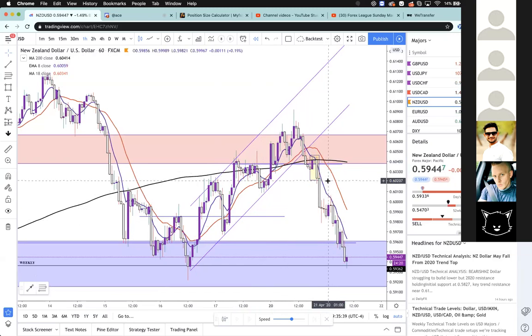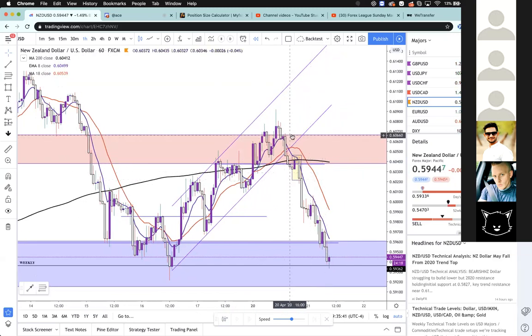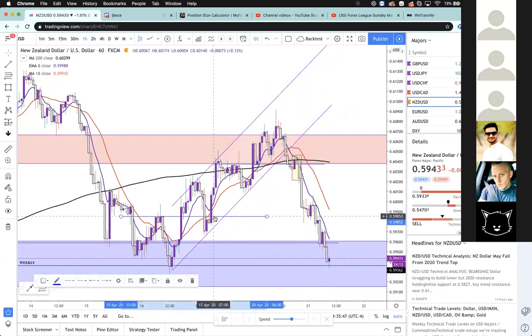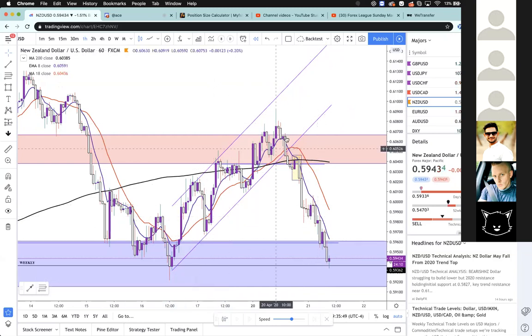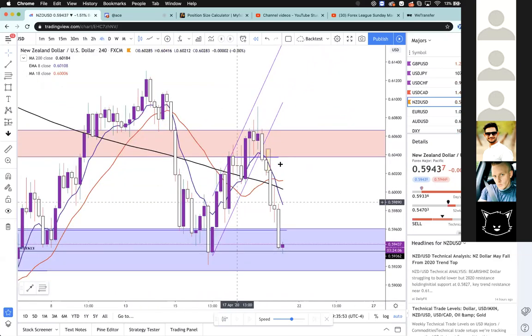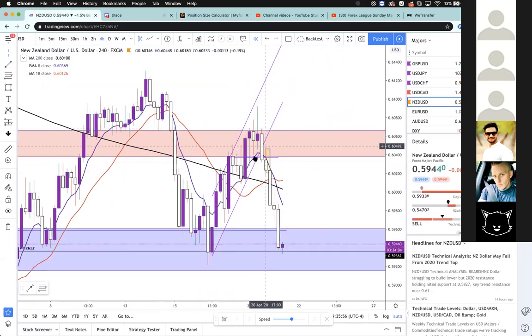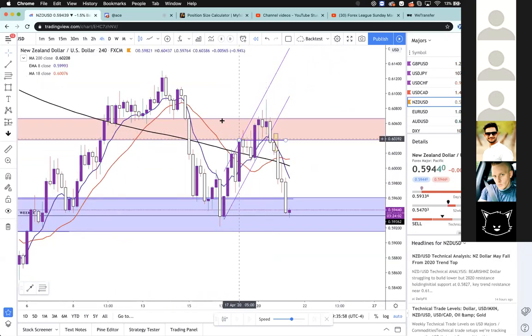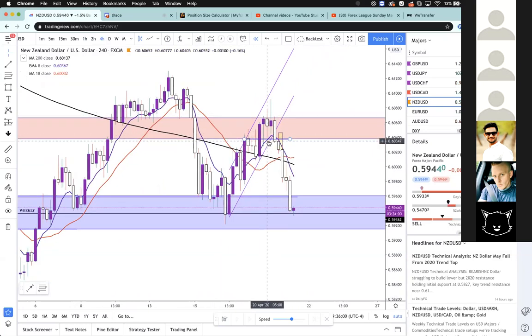This would have been a nice intraday trade just based on resistance level. Look at all this confluence with the moving averages, crossing the 200-day moving average. Again, breaking below our trend line, back up to this 4-hour time frame: bearish engulfing, two confirmations, resistance, bearish engulfing.